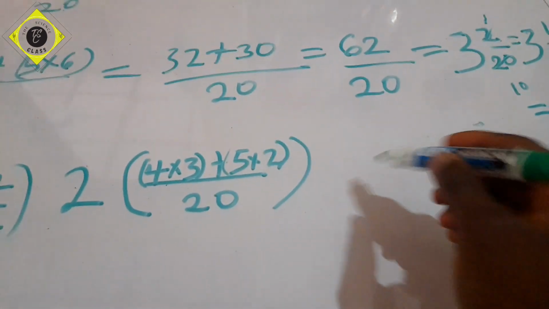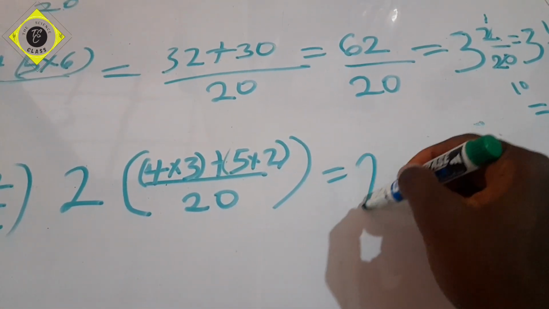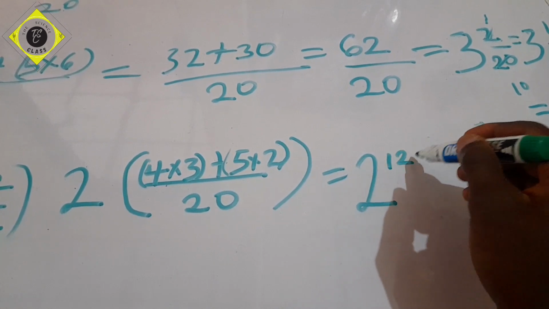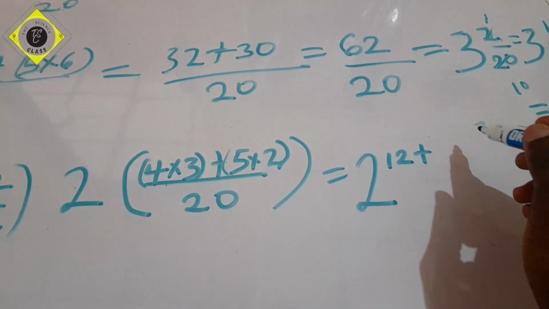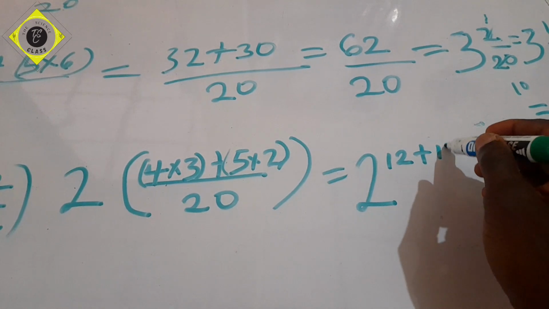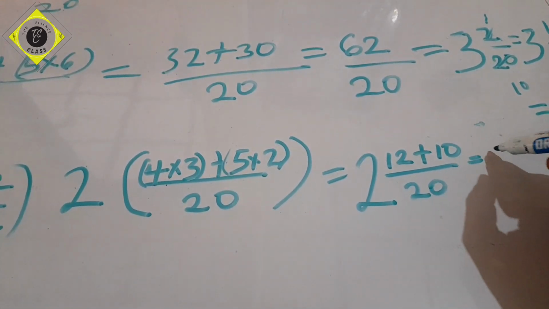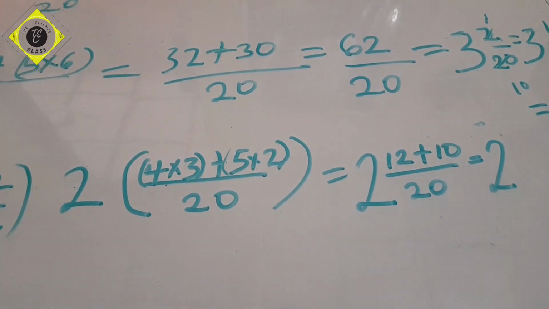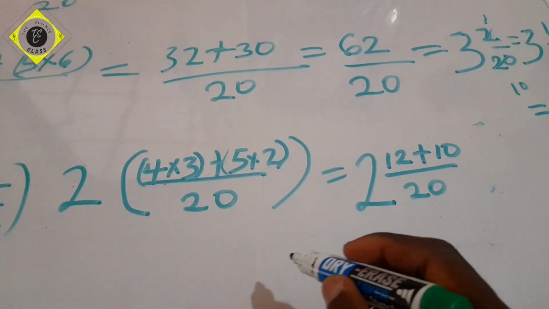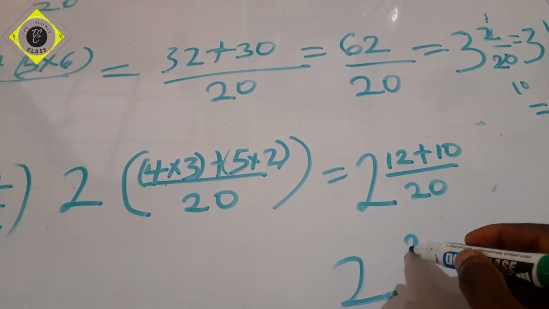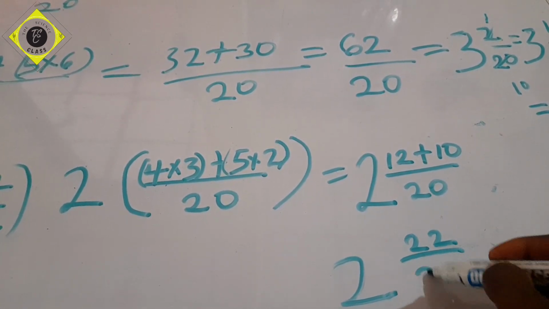So you have 2 whole number, 4 times 3 is 12 plus 5 times 2 is 10, all over 20. That is the same thing as 2 whole number 22 over 20.